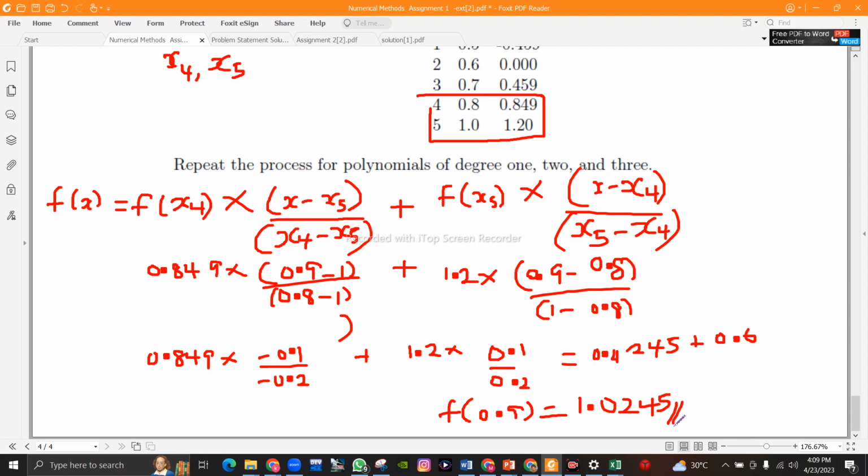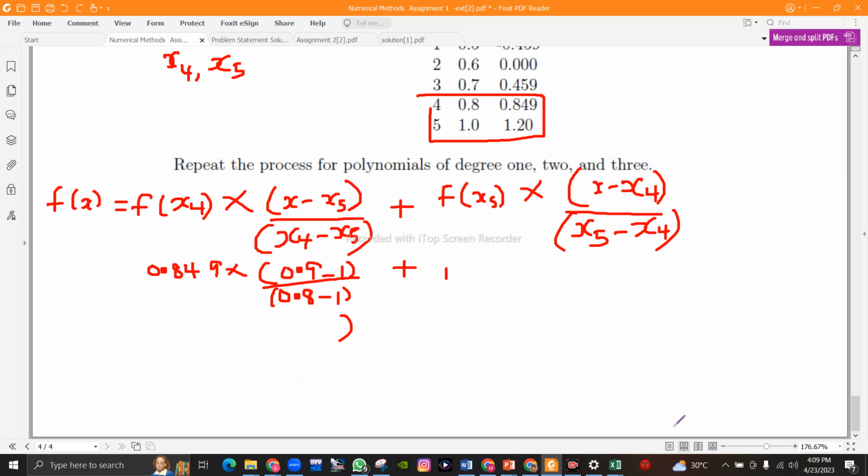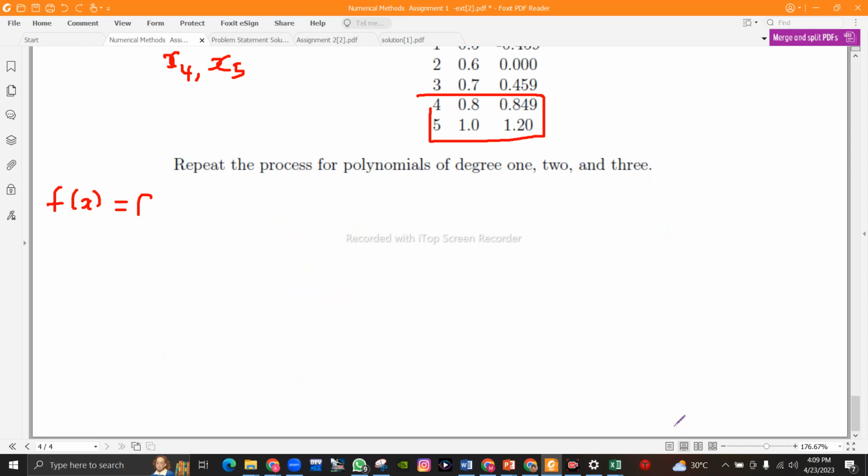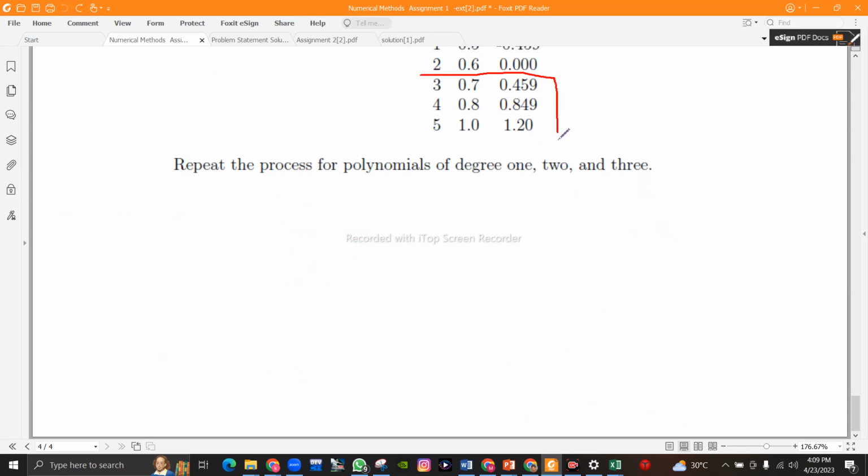We do the same thing for the second degree. When I talk about second degree, we are going to have three equations, using three values. So let's do it for the second degree. We're going to use these three values because 0.9 is between them: x3, x4, and then x5.